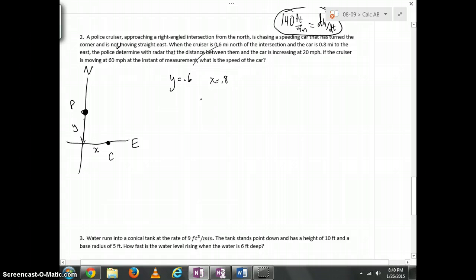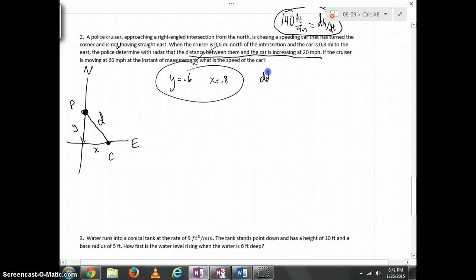The police determine with radar that the distance between them and the car is increasing at 20 miles per hour. So there is a distance between the police and the speeding car. We could call that D if you'd like. And at that brief moment, when y is equal to 0.6 miles and x is equal to 0.8 miles, at that very brief moment, the distance is increasing at 20 miles per hour.